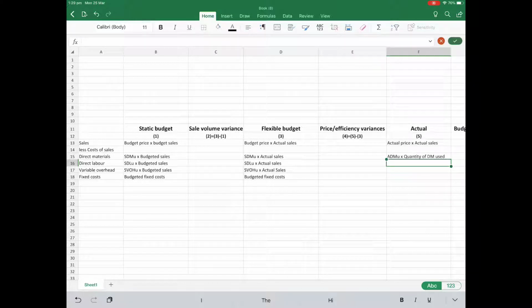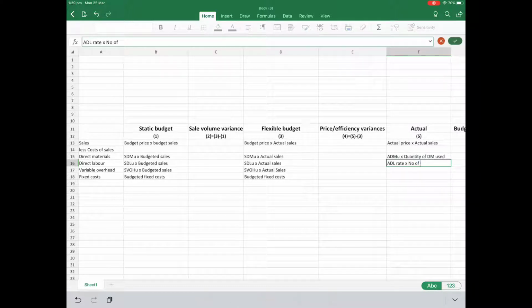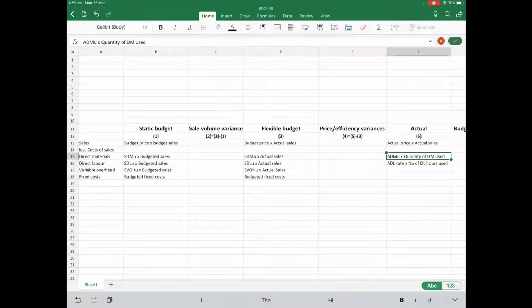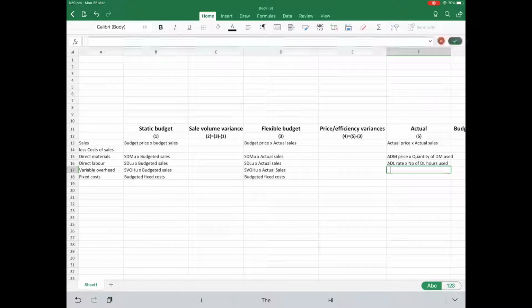And then for direct labor, we have the actual direct labor rate times the number of direct labor hours used, okay? So here I can make it price: actual direct material price. When we talk about price, we talk about per unit of the direct materials. And for variable overhead, we have the actual variable overhead rate, right?